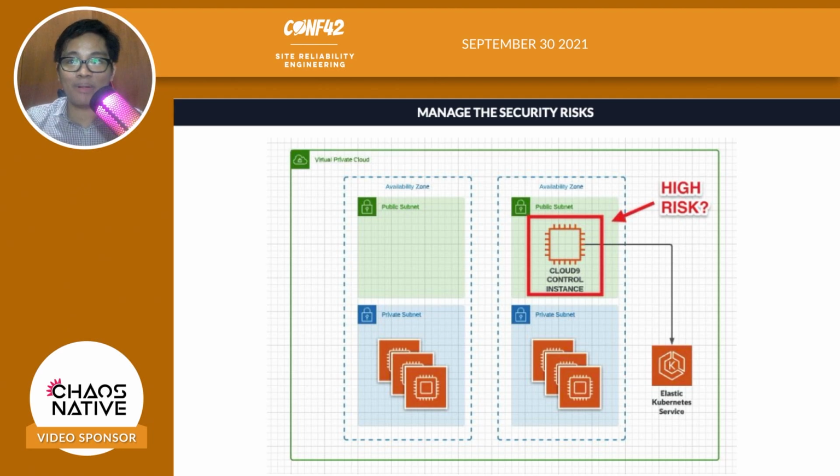So in this example, let's say that we have a Cloud9 control instance that has kubectl installed there, which helps manage the Kubernetes cluster. What if that's the highest risk entity in our environment?